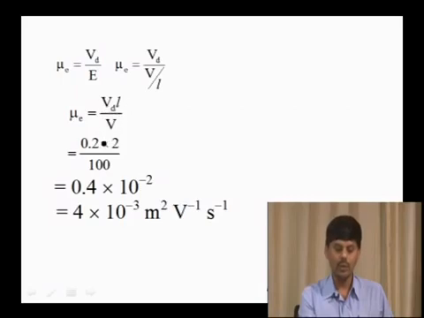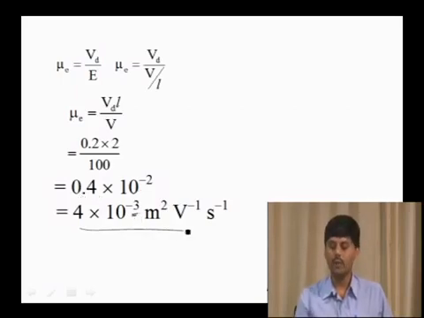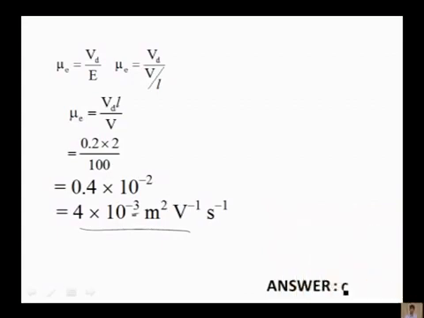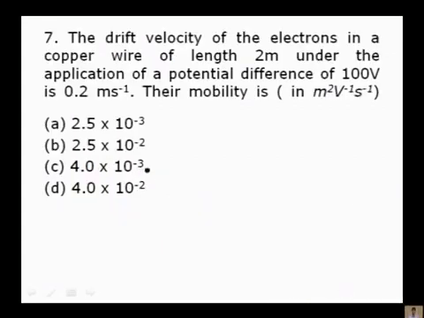Substitute the values: Vd is 0.2 meter per second, length is 2 meter and the potential is 100 volts. 2 into 0.2 is equal to 0.4. This is divided by 100, and 100 can be written as 10 power 2. When it goes up, it becomes minus 2. If you shift 4 to this side, it becomes 10 power minus 3. Therefore, the correct answer for this question is C.